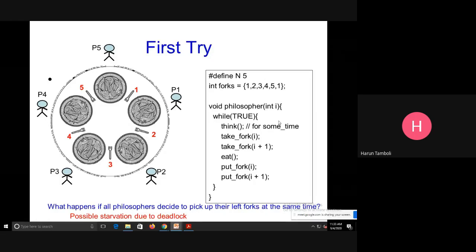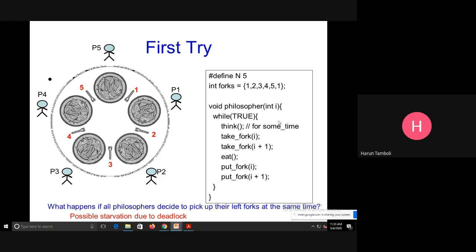But what could be the problem here? It is possible that all philosophers decide to pick up their chopstick at the same time. If all philosophers try to pick their chopstick at the same time, then there could be a possibility of starvation.